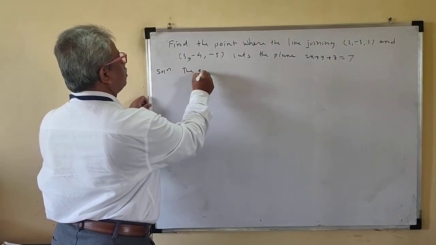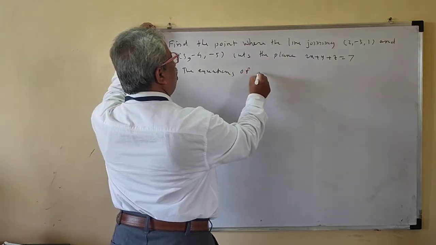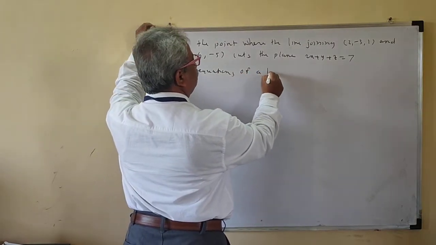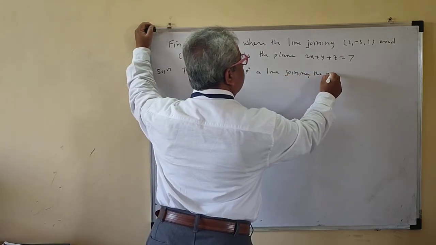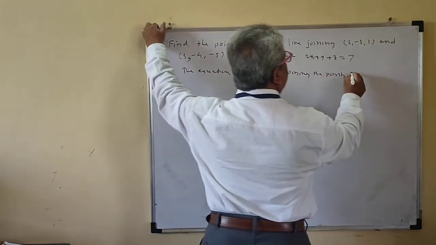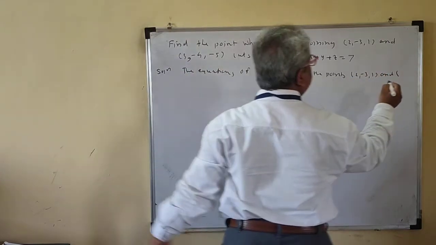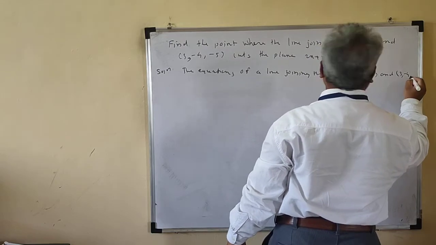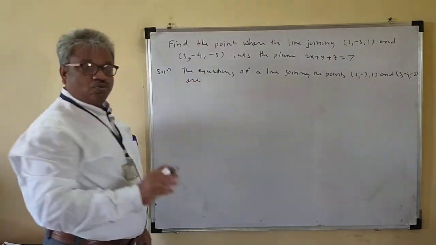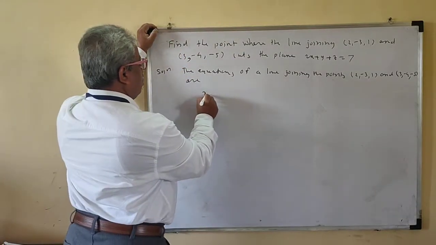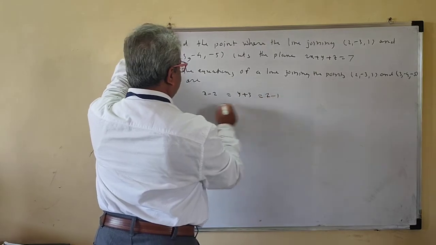The equations of a line joining the points 2, minus 3, 1 and 3, minus 4, minus 5 are, I use one point, that is what? x minus 2, y plus 3, z minus 1.